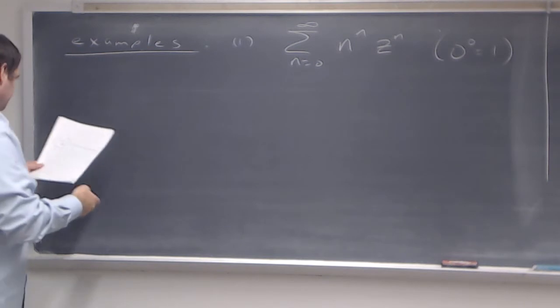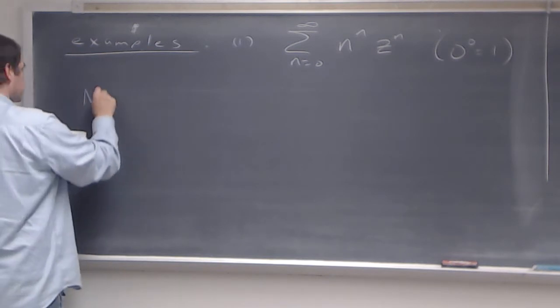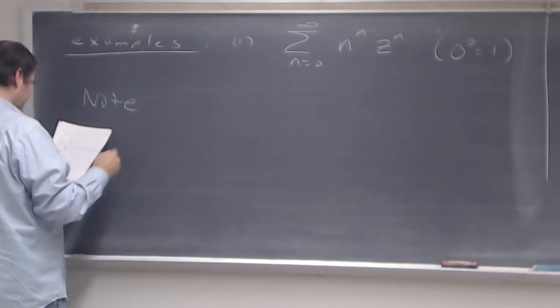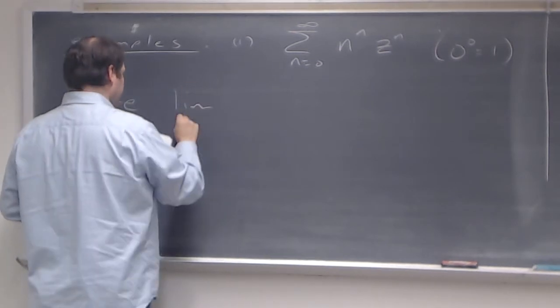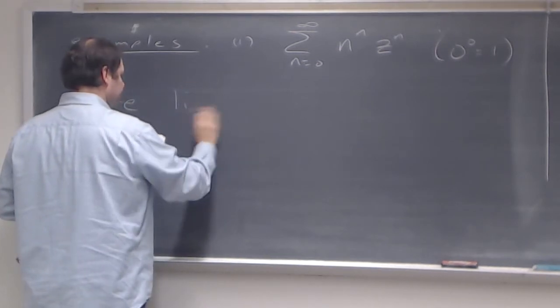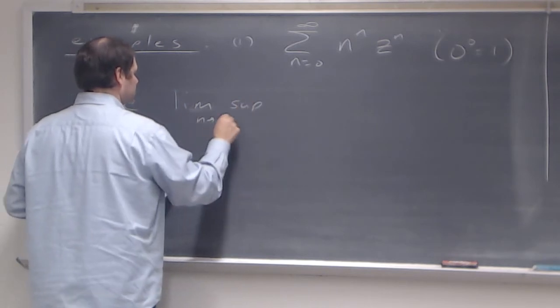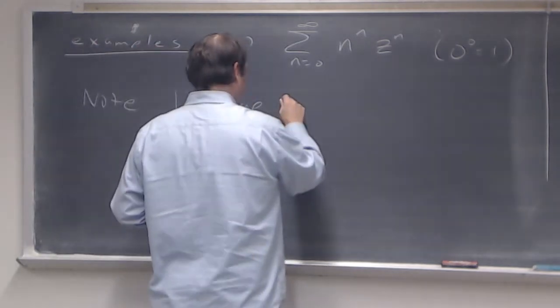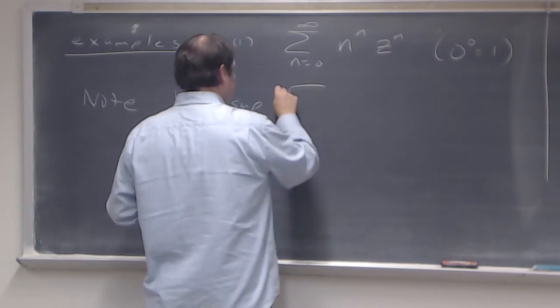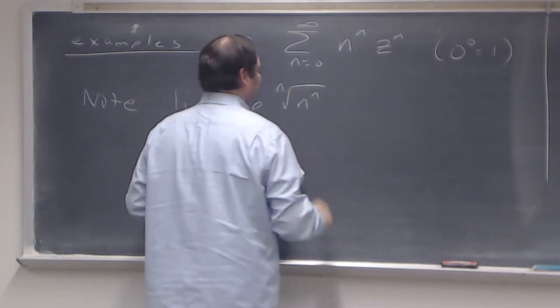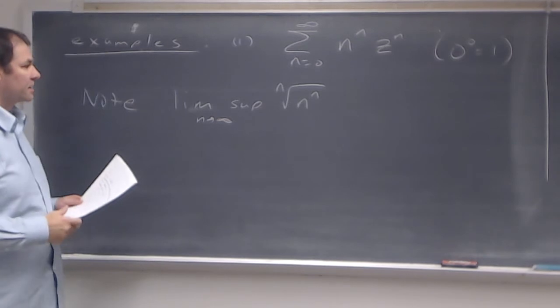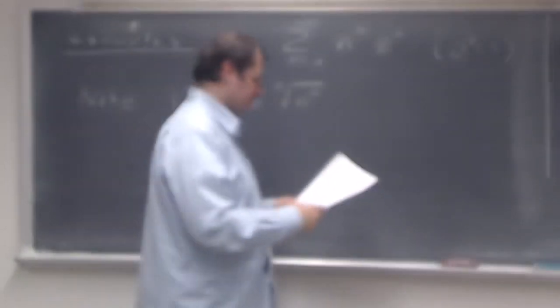So we want to talk about that series by looking at the limsup of the nth root of n to the n, to find that alpha from the previous theorem.